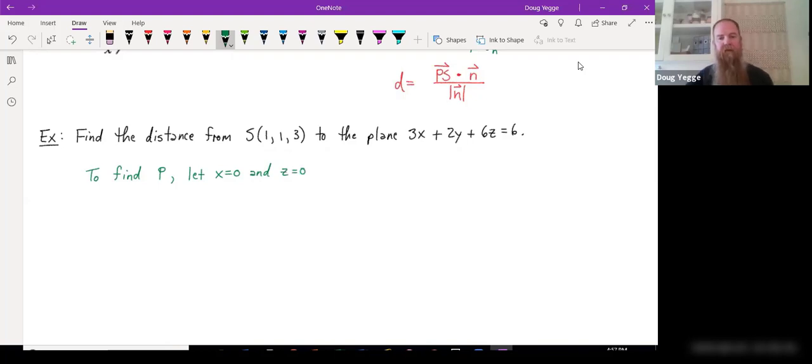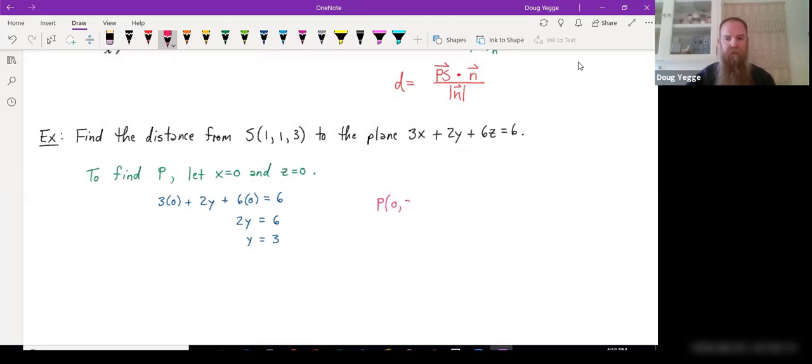And if I set x equal to 0 and z equals 0, then that means that we have 3 times 0 plus 2y plus 6 times 0 is equal to 6. So if 2y equals 6, then that means y is equal to 3, which means we have a point P on our plane.